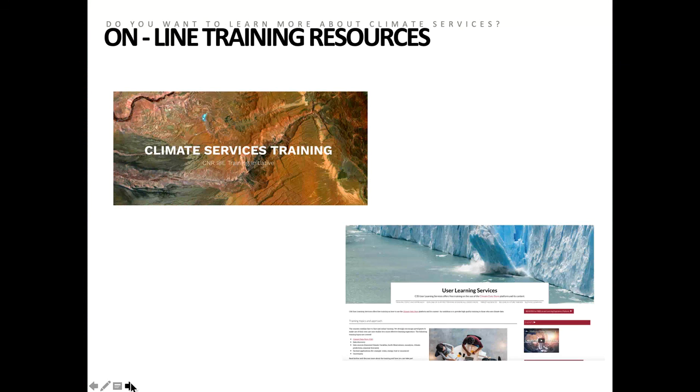The first is the Climate Service Training Initiative from my institute, and the second is the user learning services that are managed by Copernicus, not only to provide a basic information on this sector, but also to provide a very effective support in terms of using the available and the new tools developed for the climate data store.